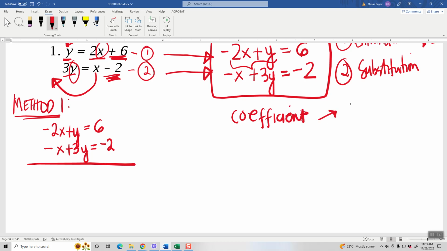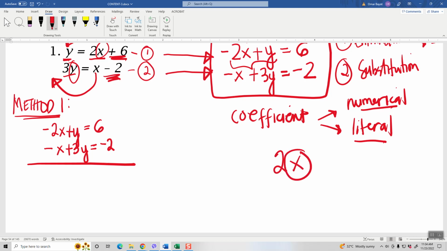Coefficient can be numerical coefficient or literal coefficient. Numerical from the word number, literal from the word letter. Example, 2x. X here is your literal coefficient. 2 here is your numerical coefficient.